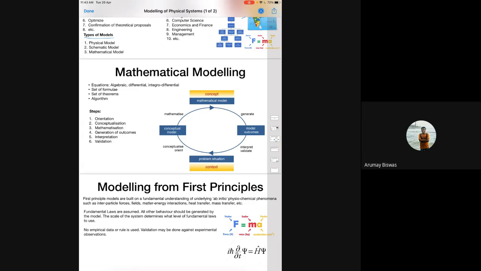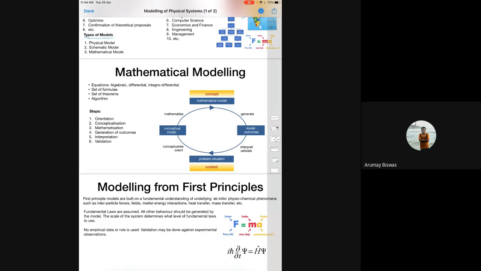Okay. And if you're using a computer for this purpose, then your model would also involve an algorithm. Of course, these equations can be of any type. So you know there are many kinds of equations. You can have algebraic equations, differential equations, integral equations, matrix equations, all kinds of equations.